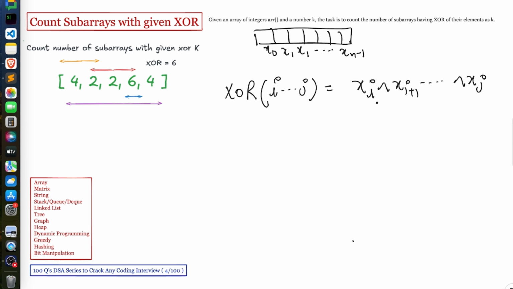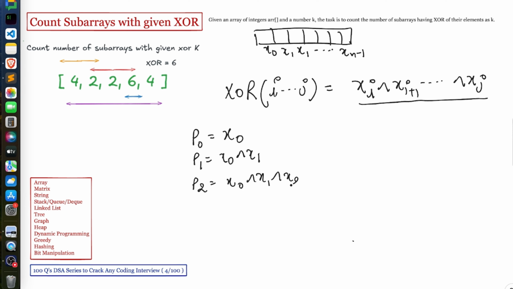Now in order to calculate the XOR value of all the numbers from i to j, we will take help of the prefix XOR. Prefix XOR at index 0, p0, is just that number itself. P1 would be x0 XOR x1, P2 would be x0 XOR x1 XOR x2, and similarly P3 would be x0 XOR x1 XOR x2 XOR x3.